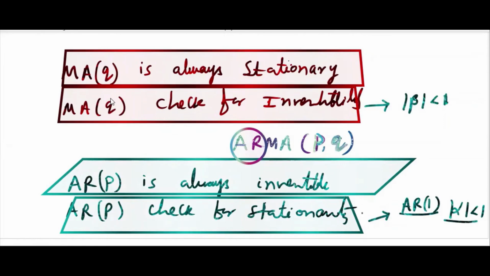And whatever conditions we had here to check for stationarity, similar conditions are here to check for invertibility of the MAQ process. We'll see those taking some examples. Through those examples, we'll see how we can check for invertibility for the MAQ process and stationarity for the AR process.